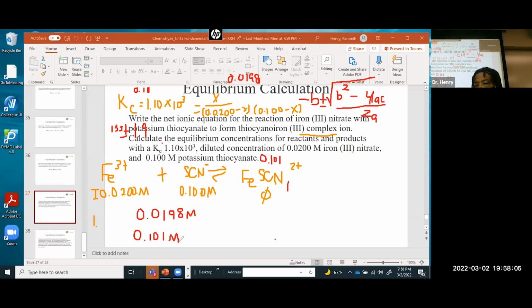Okay, so now, why can't it be this value? Is there a reason? Yeah, you calculated that for X.